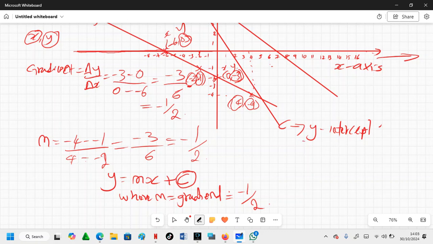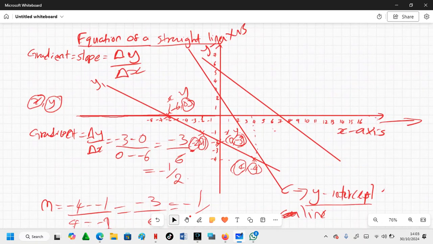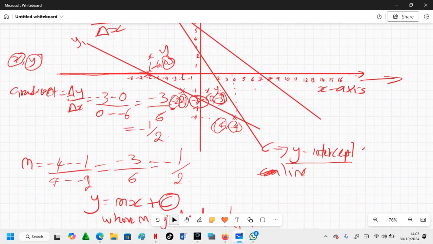The y-intercept is where the line intersects or touches the y-axis. If you look at our line here, our line touches the y-axis at the point where y is -3. That is where it intersects with the y-axis.